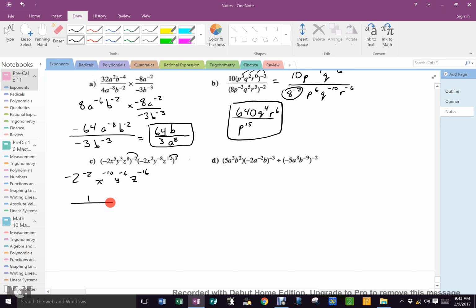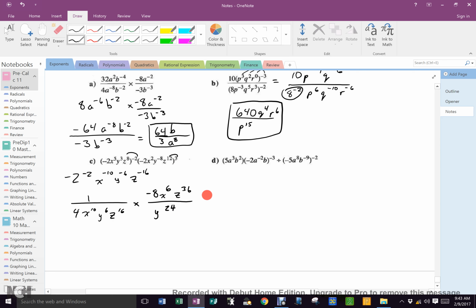So it's 1 over 4, because that's negative 2 to the positive 2 now, x to the 10th, y to the 6th, z to the 16th, times, now I would clean this up, negative 8 x to the 6th, y to the negative 24, not negative 24, because I've moved it, and z to the 36th.